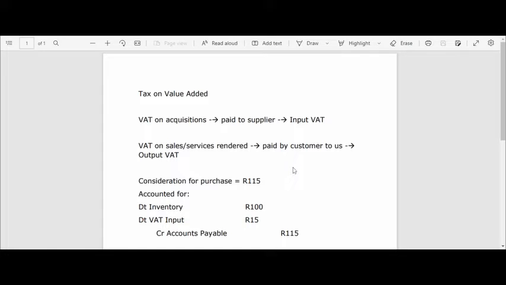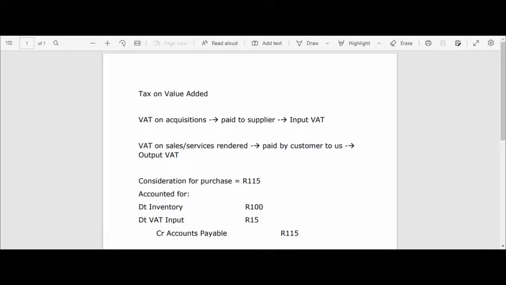Right. So we're going to debit our inventory account with that 100 rands, exclusive of that. But we are going to have to pay it over to our supplier, so therefore we have to raise the full amount payable to the supplier, right?